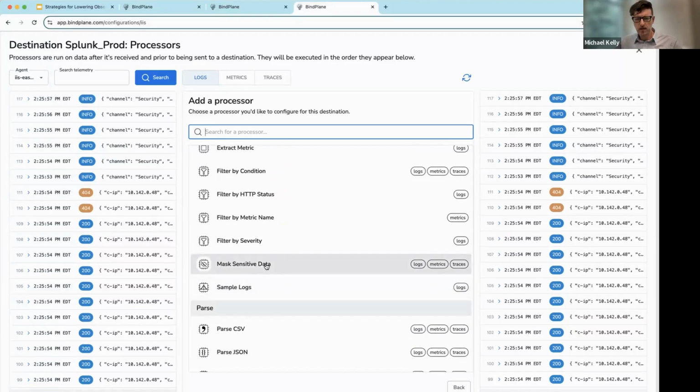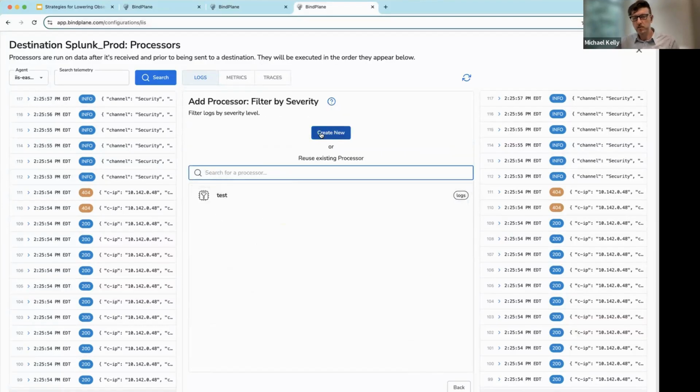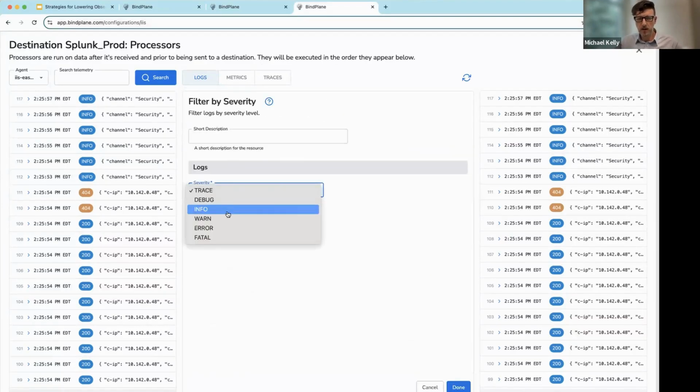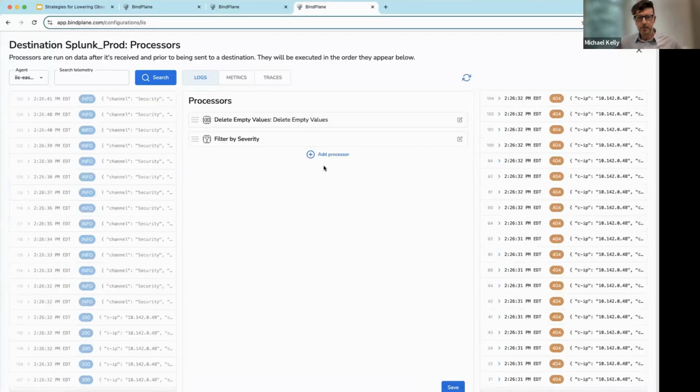And we can apply that all in real time. But for now, I'm going to filter by severity. I'm going to say that for Splunk, I really only want to see the warning level or higher logs. And so when I add that processor, I'll see the change from 125 log lines in the sample to 23 after.